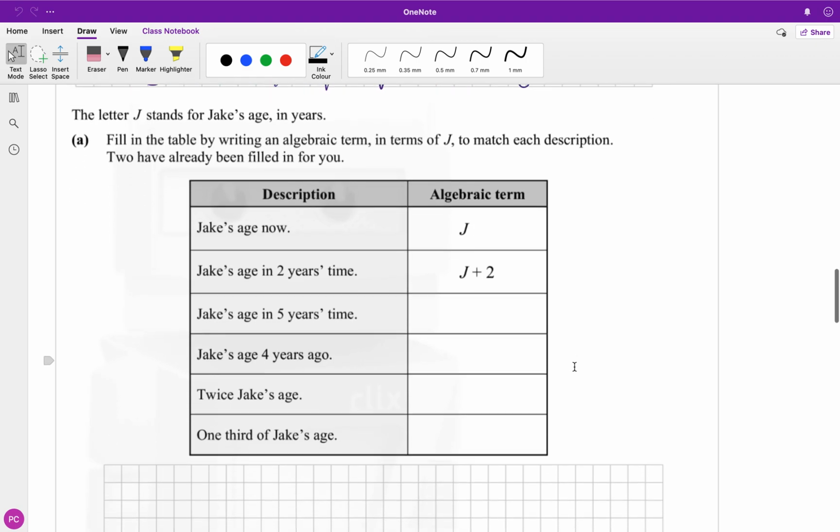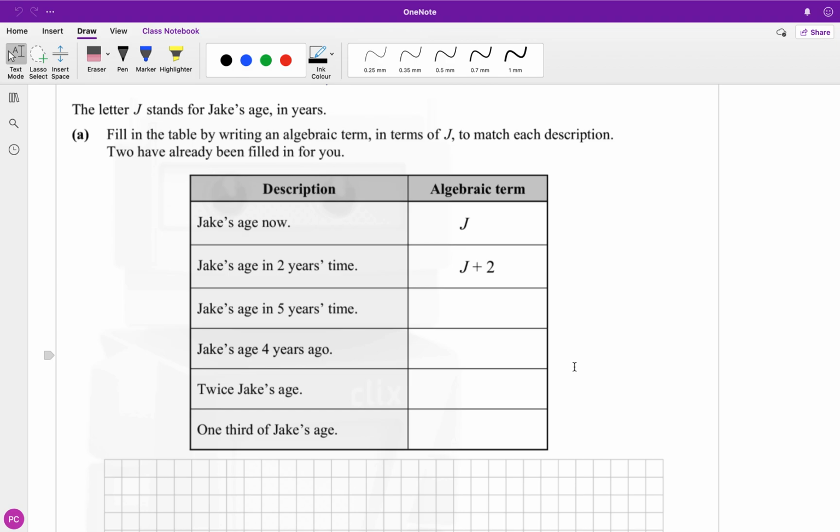Another one of these agey ones. The letter J stands for Jake's age in years. So J is Jake's age, and they give us that there. Jake's age in 2 years' time is J plus 2. Jake's age in 5 years' time will be, well, we have Jake's age, here it is now, and add 5.